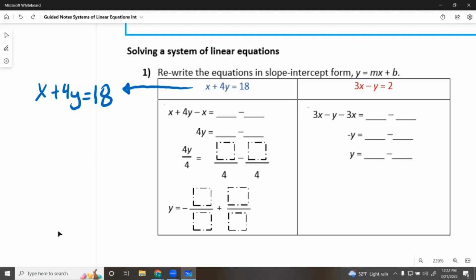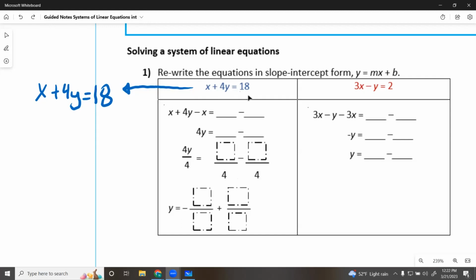Okay, on to solving a system of linear equations. I'm going to go through this fairly slow because when we solve an equation, it's a little bit of a review. We need to work through the equation. This gives us a template, but it doesn't explain it as well as I like to.